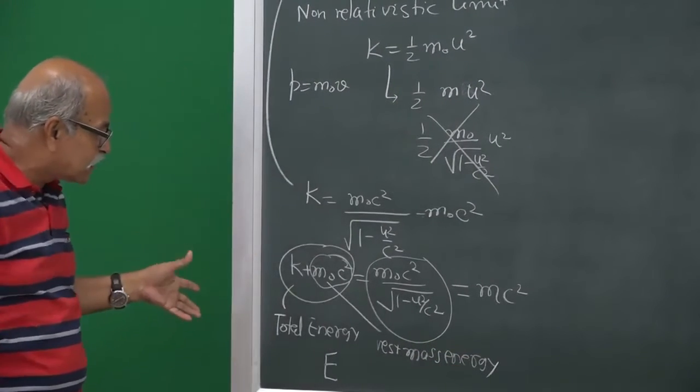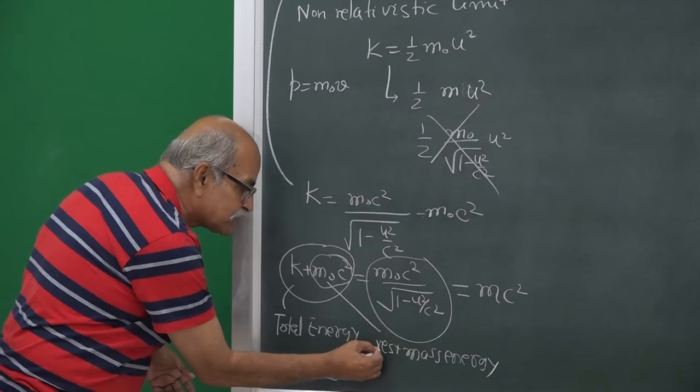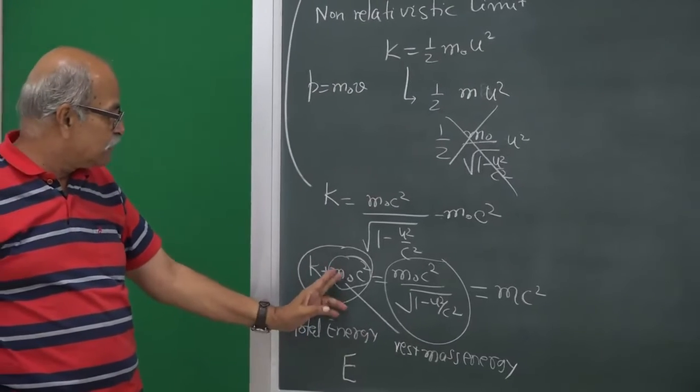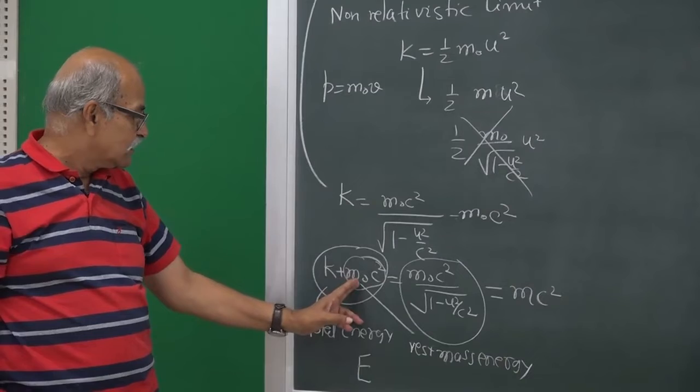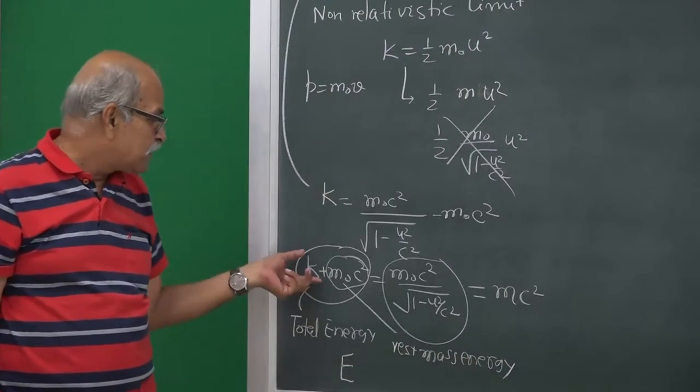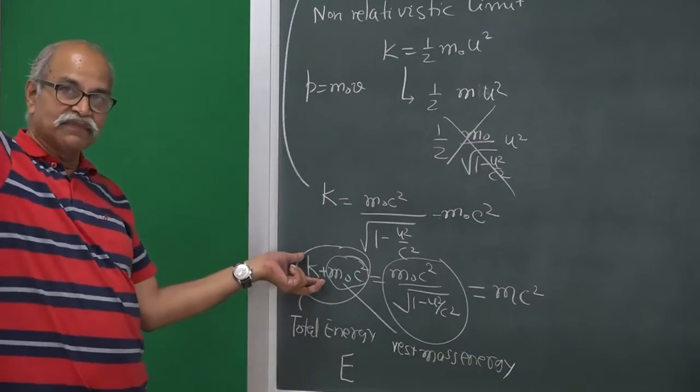We are defining the terms. The physical significance we will discuss later, but we are just defining the terms. m naught c square is called rest mass energy. Capital K is kinetic energy that we have derived.